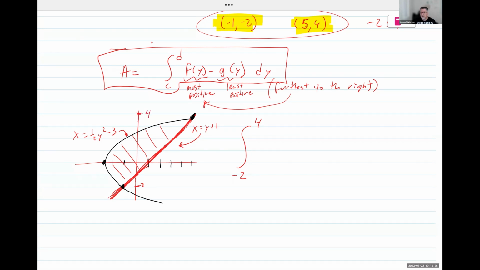Which one is furthest right? x equals y plus 1. So this is going to be my f of y, and this is going to be my g of y. So it's the integral of y plus 1 minus (1/2 y squared minus 3) dy.